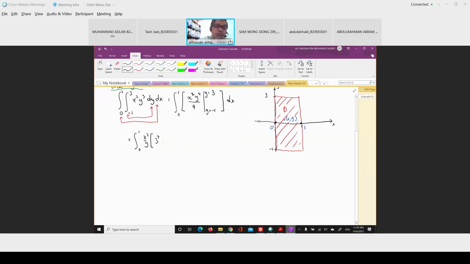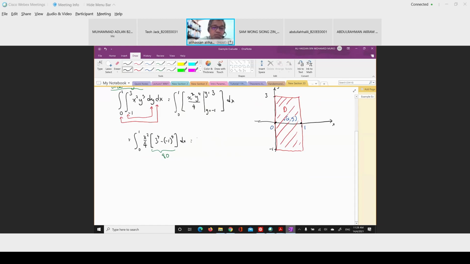We have 3 to the power of 4 minus 1 to the power of 4. That simplifies to 81 minus 1, which is 80. So we have 80 over 4, which is 20.